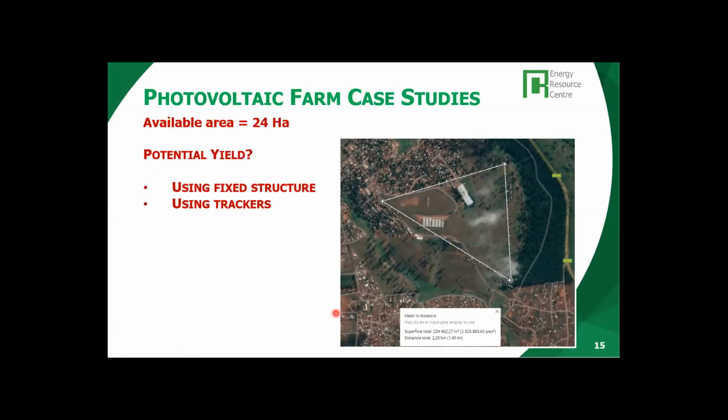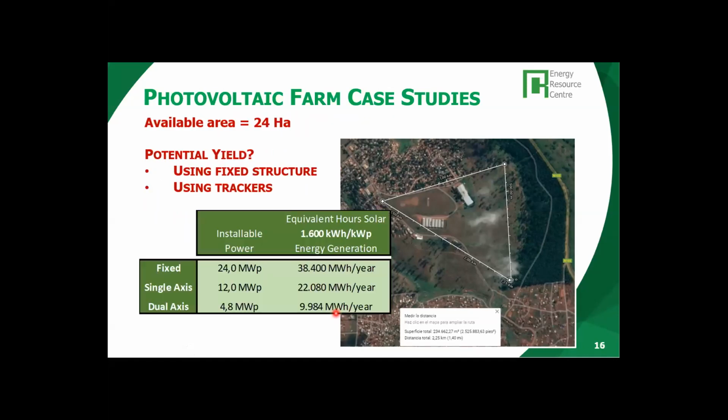For example, we have $0.8 per watt. If we are talking about fixed, we just multiply this number by 0.8 and we'll find the investment that we need to cover this system. Exactly. We do the same with single axis and dual axis.